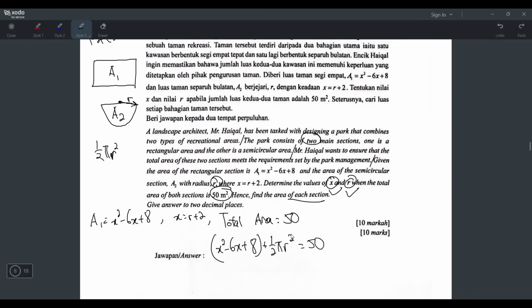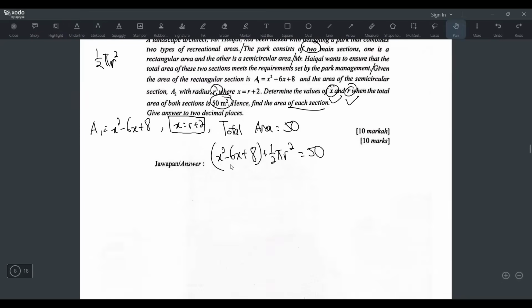But if I want to find x or r, I need to make sure this whole equation only has one unknown. But now it has x and r, so it's impossible for me to find x and r, right? But they did mention something here: x is equal to r plus 2. So maybe I can substitute. I can replace the x with r plus 2, because then I can find my r.